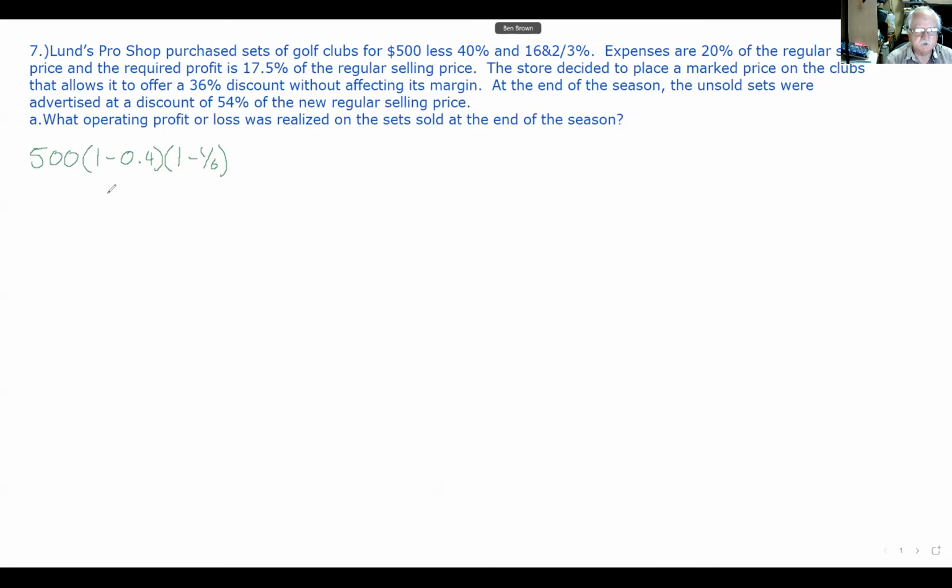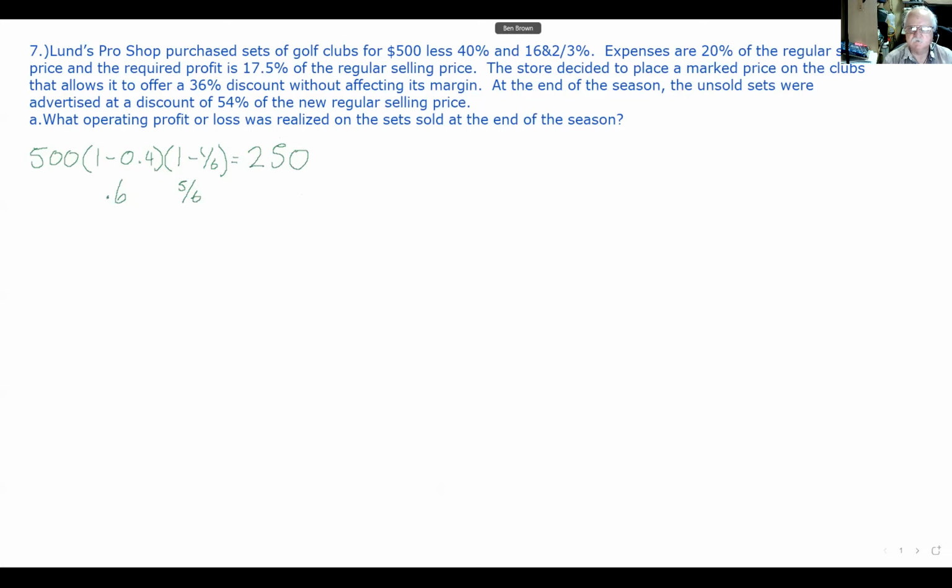So this is going to be 0.6 and 5/6. So let's see what they actually paid for them. I'll start with 5 divided by 6 times 0.6 times 500. Turns out to be exactly half price, $250.